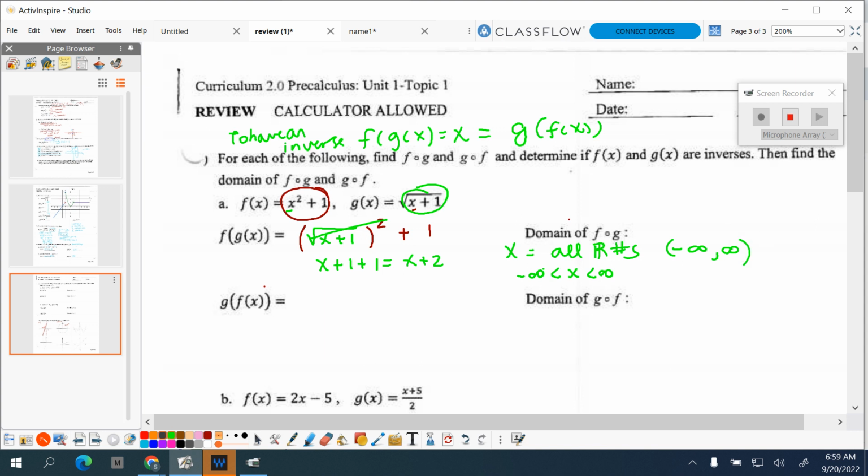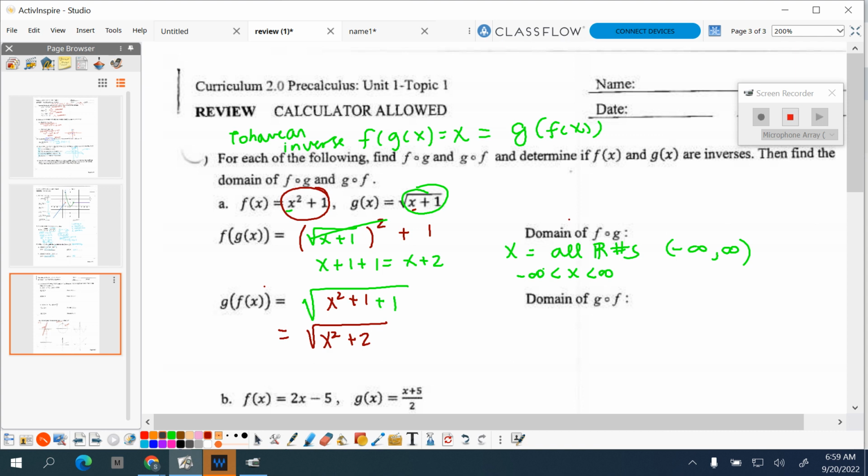Now let's do g of f of x. So I have the square root plus 1, and I have x squared plus 1. When I simplify that, I have square root of x squared plus 2.